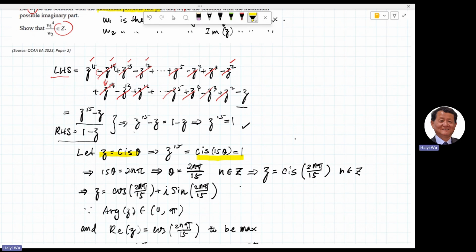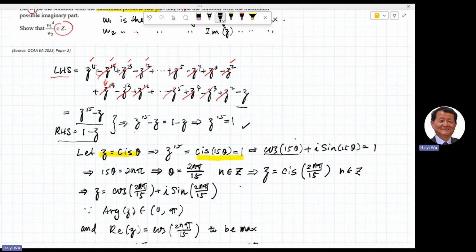This equates to cosine 15 theta plus i sine 15 theta equal to 1.